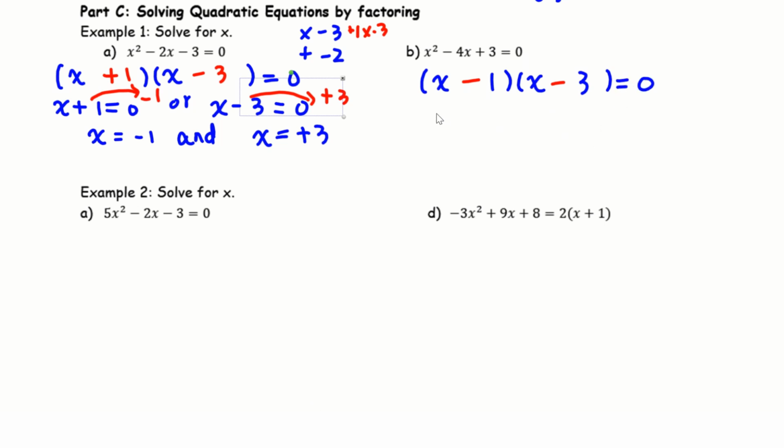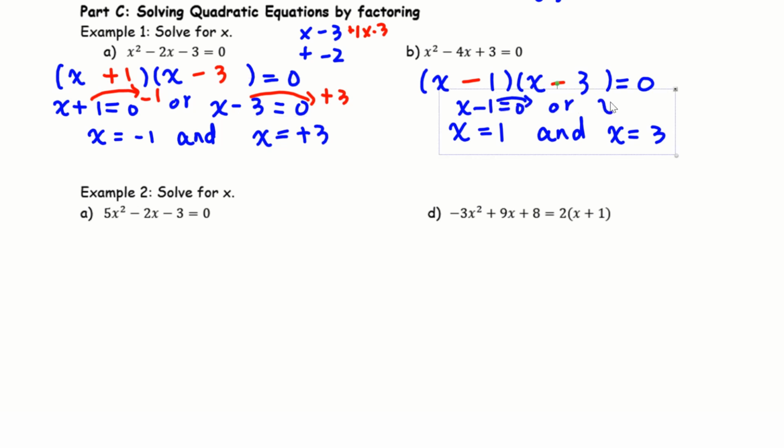Then each bracket equals 0. You will have x equals 1 and x equals 3. Because x minus 1 equals 0, you move the negative 1 to the other side, it is positive 1. X minus 3 equals 0, you move the minus 3 to the other side, it is plus 3.